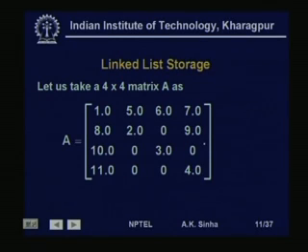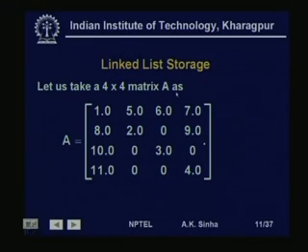So, how do we store these elements as a linked list? Let us for example, take a very small 4 by 4 matrix A. So, A is given here as shown. The diagonal elements are 1, 2, 3 and 4.